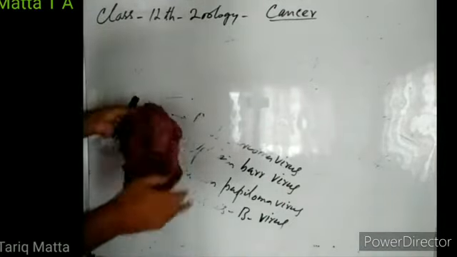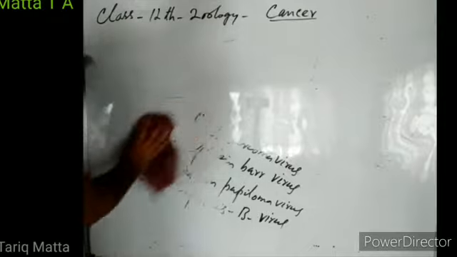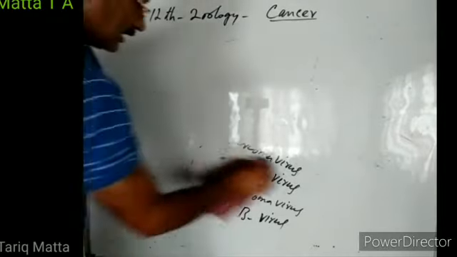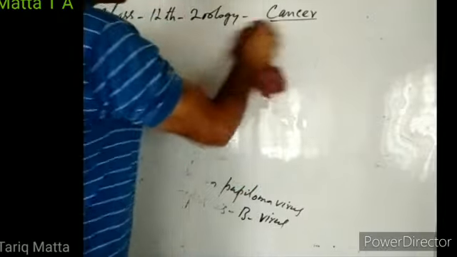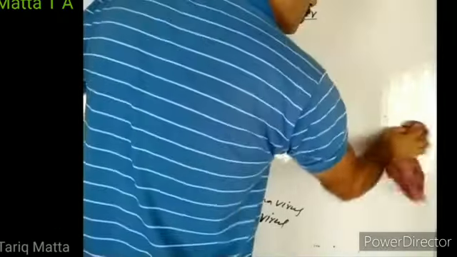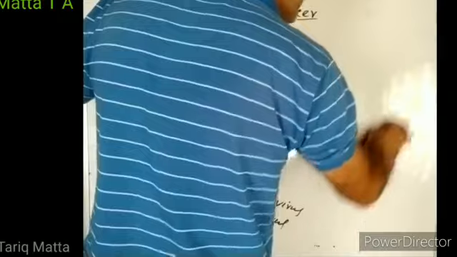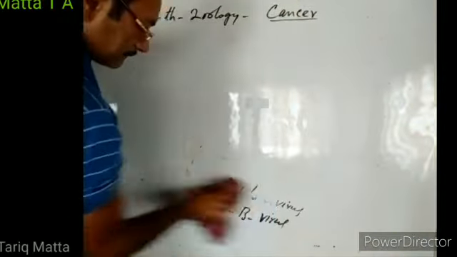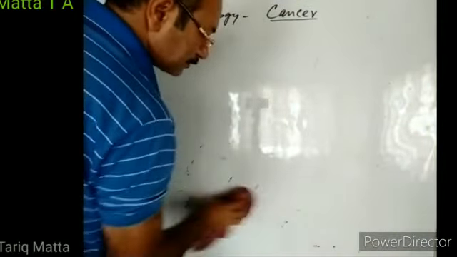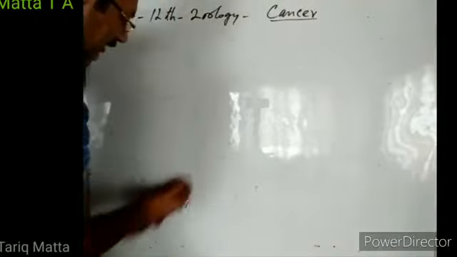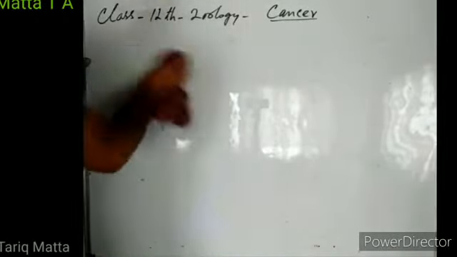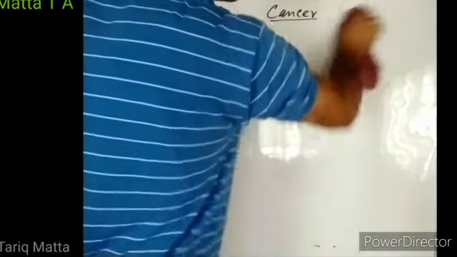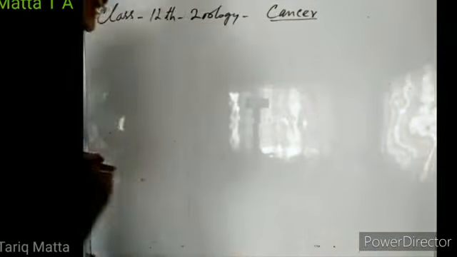Some of these substances do not disrupt our genetic material. They just change the metabolism of the cell. They just change the behavior of the cell. So those changes are known as epigenetic change. And some of these carcinogens directly act on the genetic material, DNA. So they induce the cancers by disrupting the DNA.